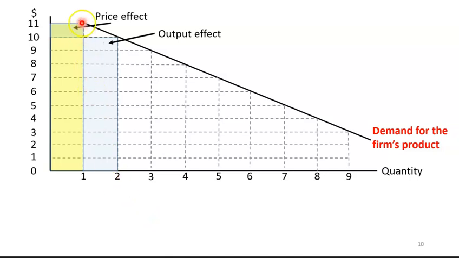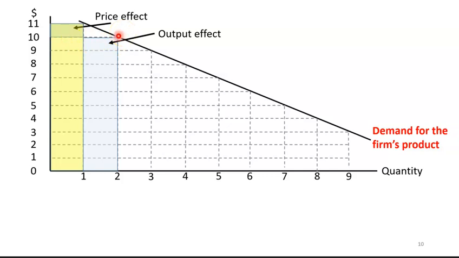Well, when the price is lowered, then the unit that we sold before for $11 is now being sold for $10. That helps to reduce our revenues, in this case by $1. That's the price effect that comes about as we sell an extra unit of our product.